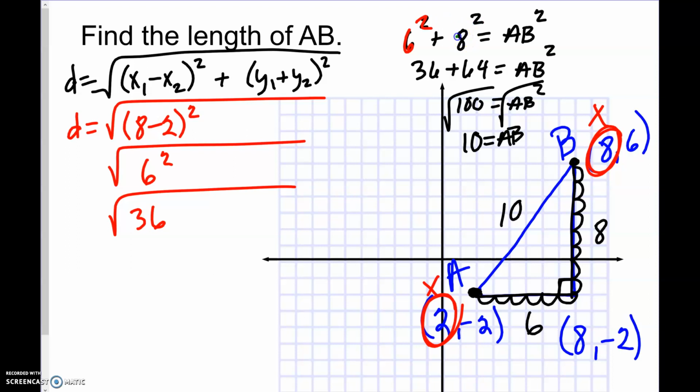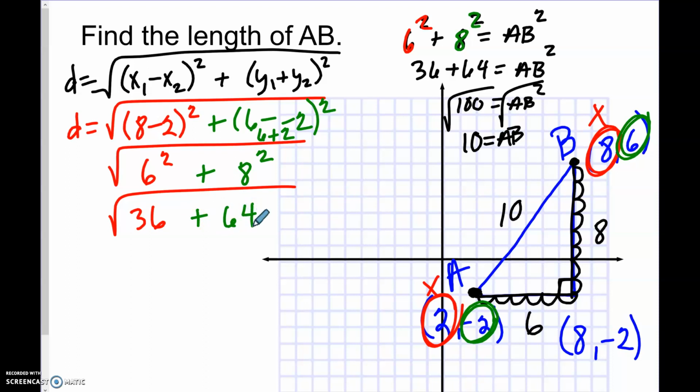So let's see where we get this 8 squared. That's the second one, so I'm going to use the y values. I'm going to add to it, and I have 6 minus, and what's this other one? A negative 2. So what I have here is 6 plus 2. 6 plus 2 is 8 squared, and 8 squared is 64.